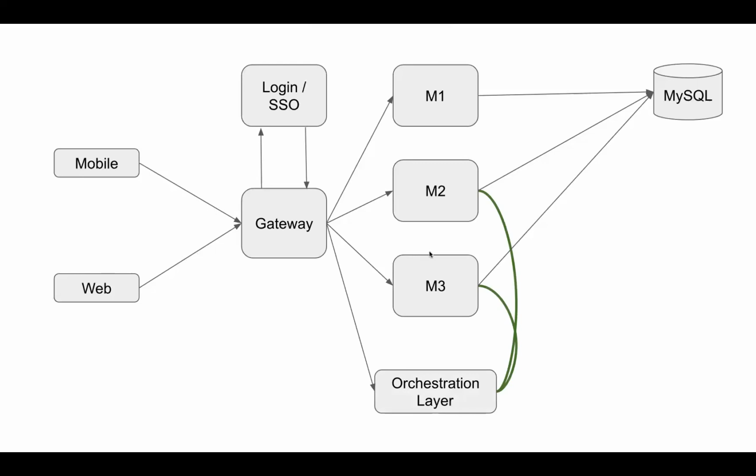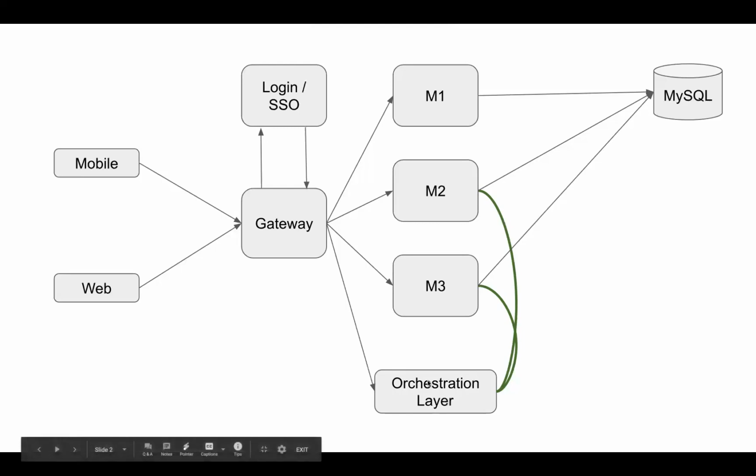Rather than doing all those three API calls, if there is any logical grouping of that module, let's say a card in your web application or mobile application, and to render that data you want to call three different microservices, you can create an orchestration layer. An orchestration layer is nothing but another microservice itself. It's just a term, which in turn can call the different microservices, get the data, and then return it. Rather than doing multiple microservice calls, do one API call.